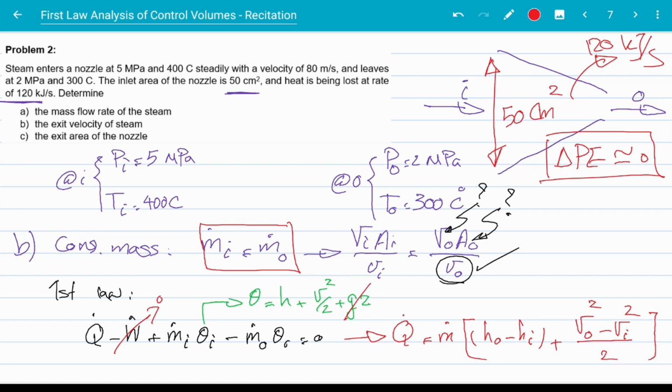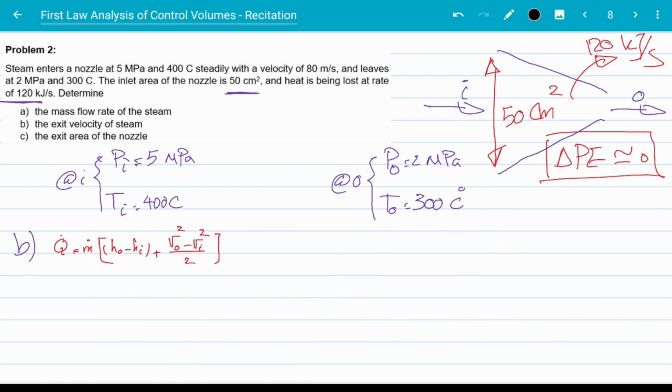I expanded the theta term and moved these two terms to the right-hand side of the equation. Okay, so we need to find enthalpy at the outlet and enthalpy at the entrance. So at the entrance, we already know that we are dealing with superheated steam. So I can just read the enthalpy from the tables.